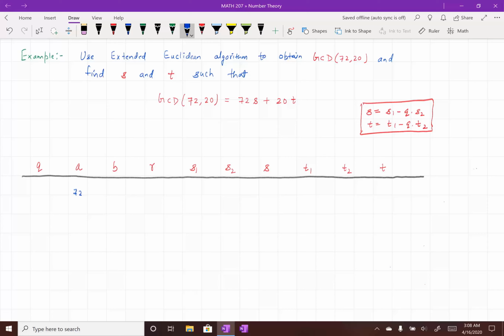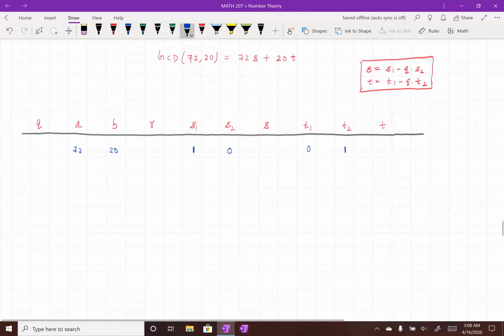The value of B is equal to 20. In the first step, I choose the value of S1 as 1, and the value of S2 is equal to 0. The value of T1 is 0, the value of T2 is 1, and all other values I can obtain based on my formula and my division rule.